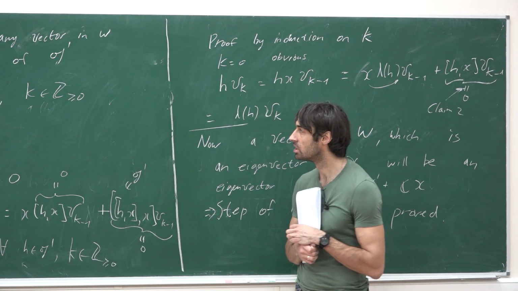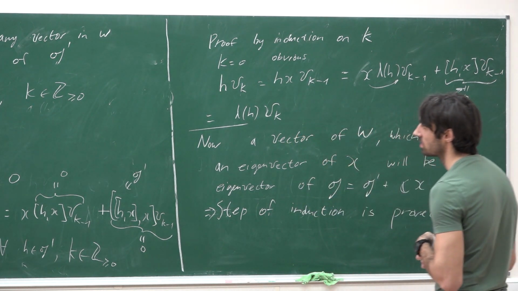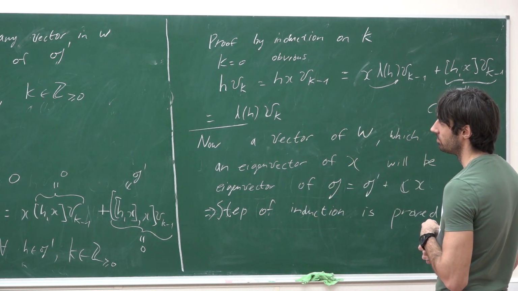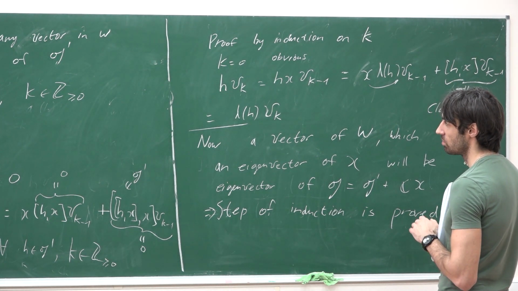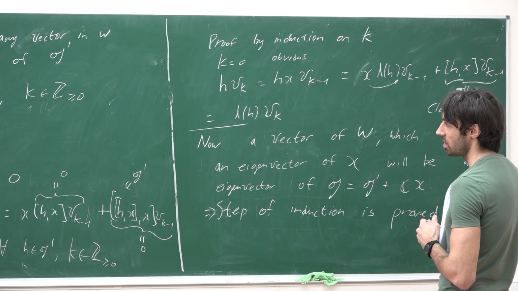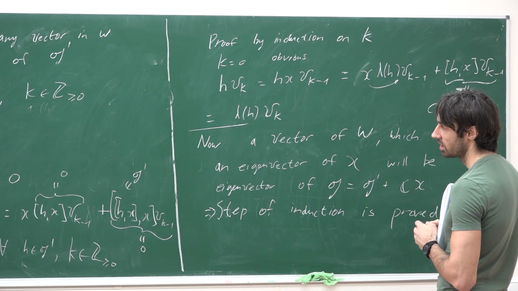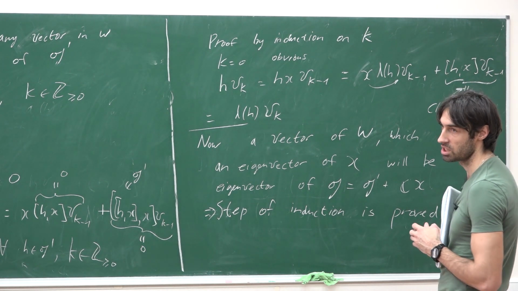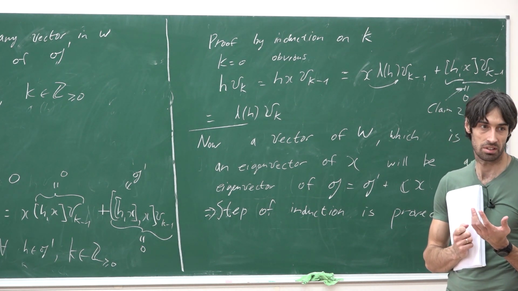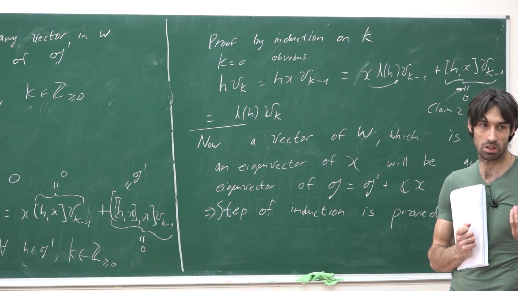Dimension 1, so I have a representation of just R, which is just one matrix. One matrix should have an eigenvalue.